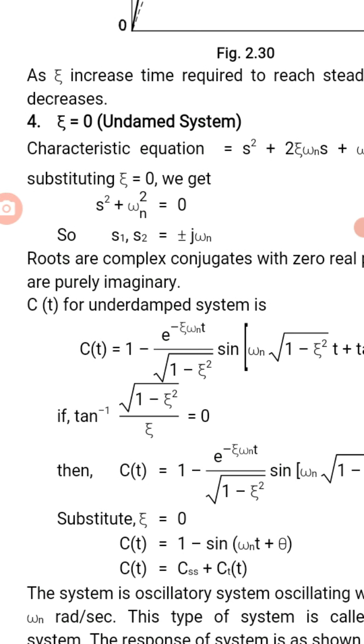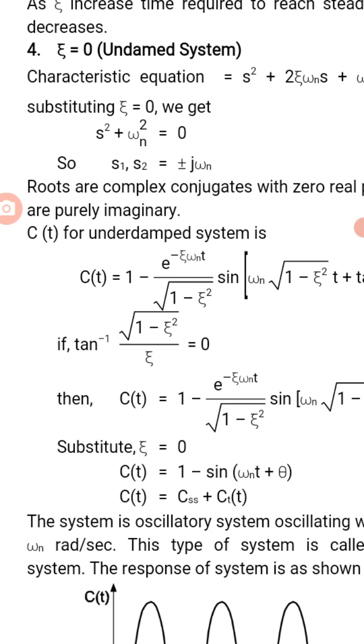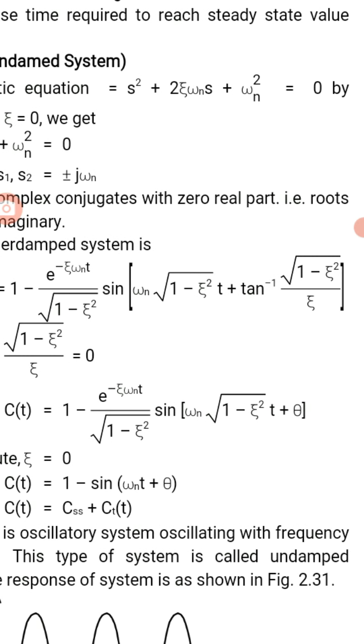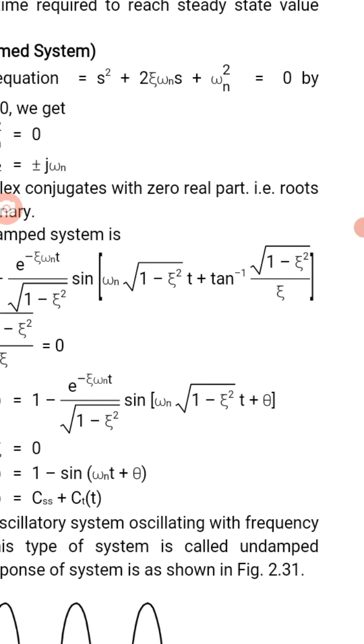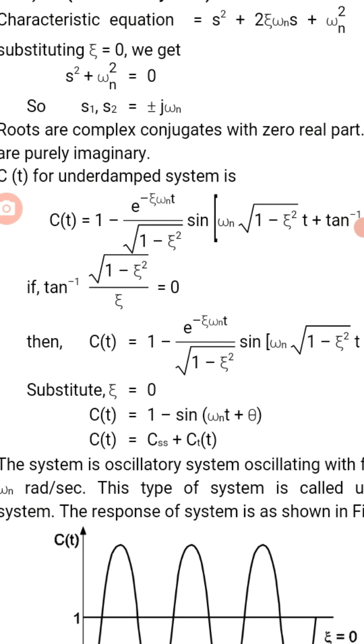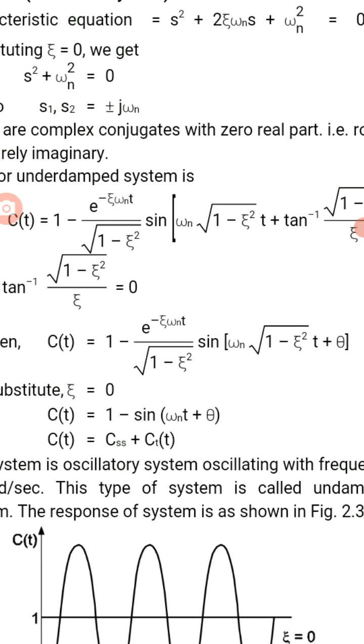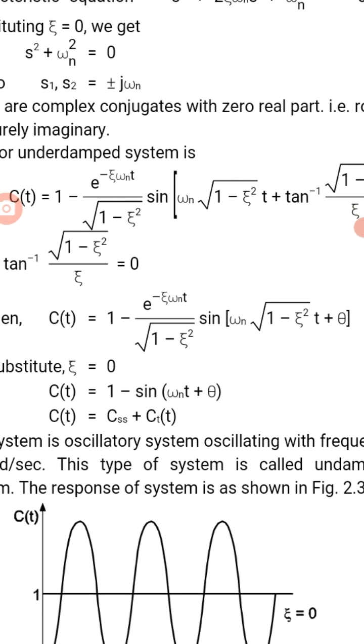Substituting zeta equal to 0, we get c of t is equal to 1 minus sine of omega n t plus theta, which is equal to css plus ct.